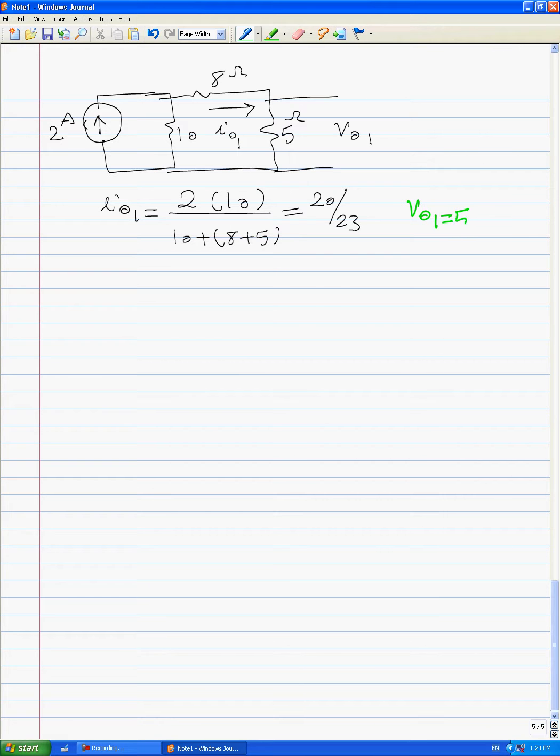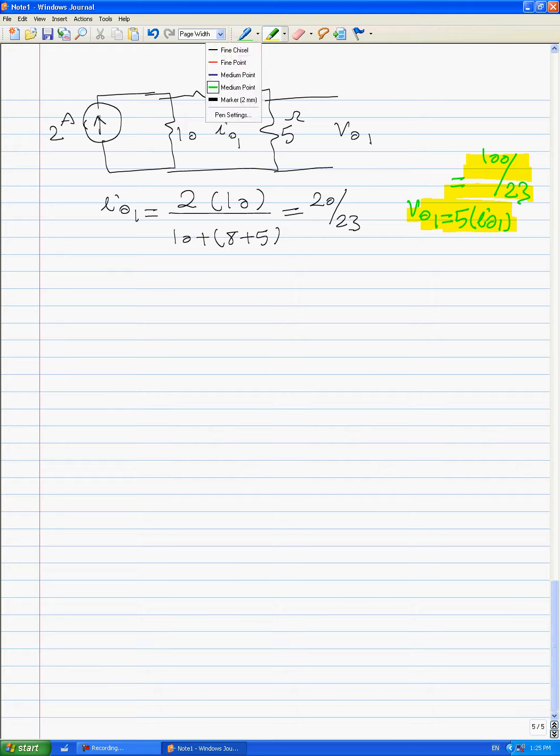V out 1 is equal to 5 times I out 1, which is 100 over 23. This is the final answer for part 1.